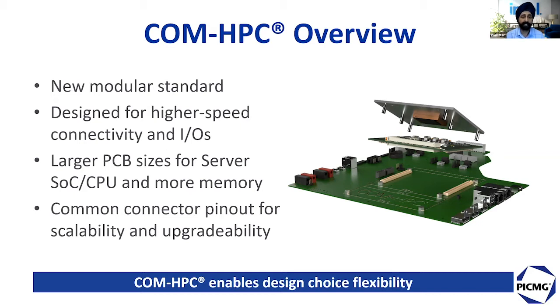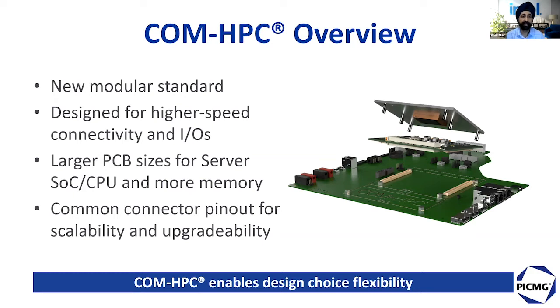The COM-HPC is a new modular standard that builds on the success of the COM-Express form factors. COM-HPC supports a higher number of faster IOs, such as PCIe Gen 5 and larger PCB design sizes to accommodate server CPUs and additional components.